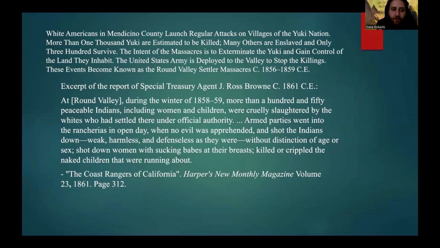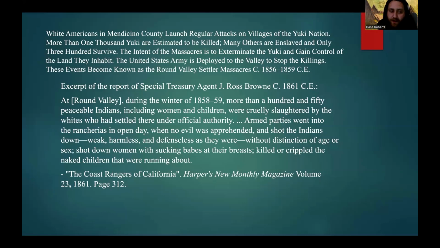There are multiple accounts and sources talking about these events, with one such account coming from the report of the special treasury agent J. Ross Brown from 1861 CE that reads, and I quote, at Round Valley during the winter of 1858 and 1859 CE, more than 150 peaceful Indians, including women and children, were cruelly slaughtered by the whites who had settled there under official authority.